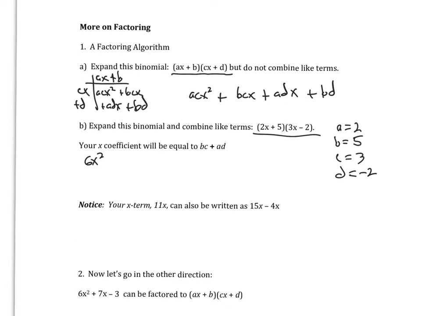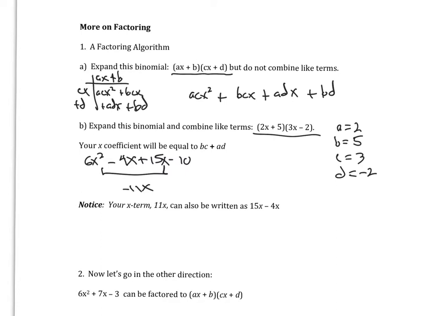We get adx, so negative 4x, plus bcx, so plus 15x, and then plus bd, which would give us negative 10. Oops, this should be an x here. This is now equivalent to negative 11x, but we can also think of it as negative 4x plus 15x, or 15x minus 4x.